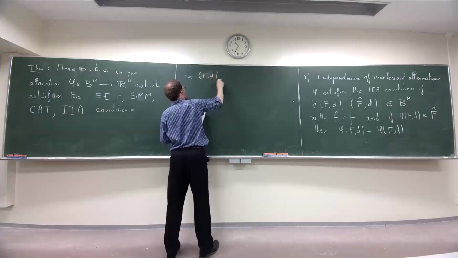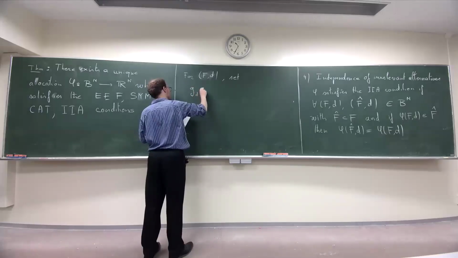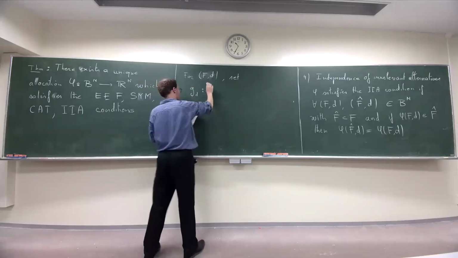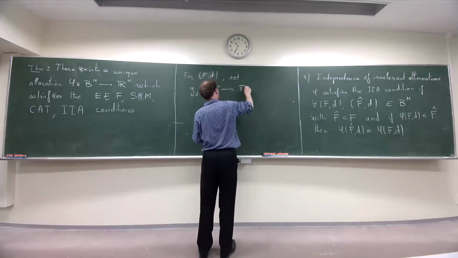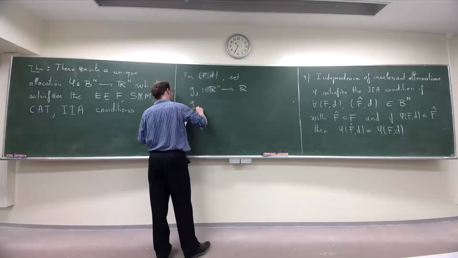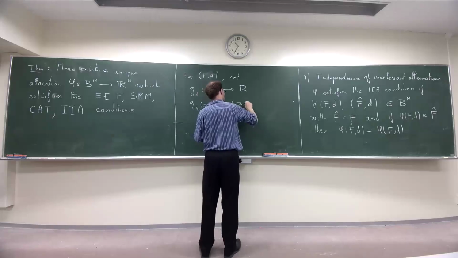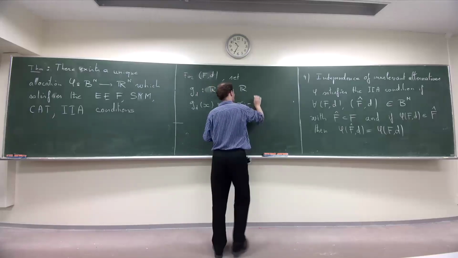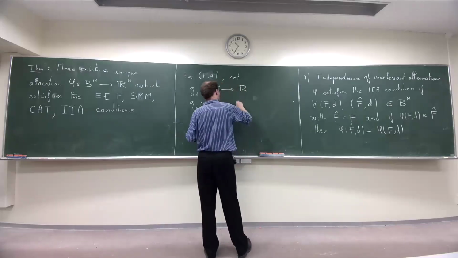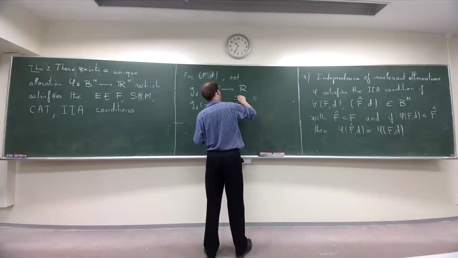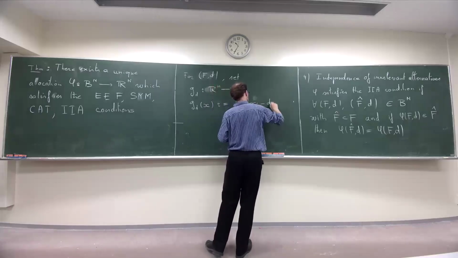I define a function g with the index d. It's a function from Rn to R, given by g_d of x is the product, product i from 1 up to n, of x_i minus d_i.